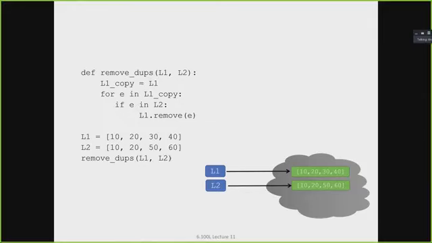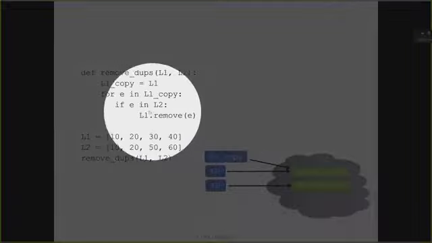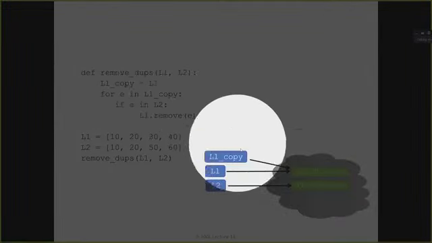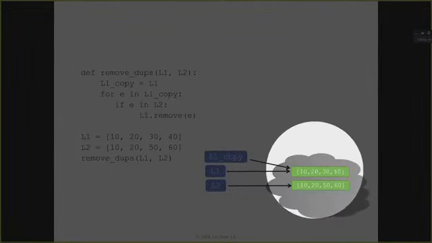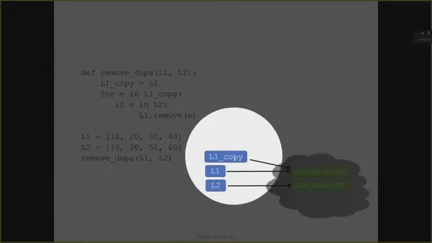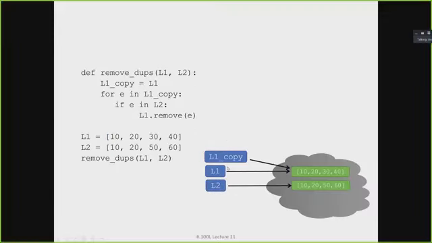So the alias in memory means that it's just another name pointing to that exact same object. Okay? So then the for loop for E in L1 copy is iterating through this object here, which is being pointed to by L1 copy and L1. Okay?